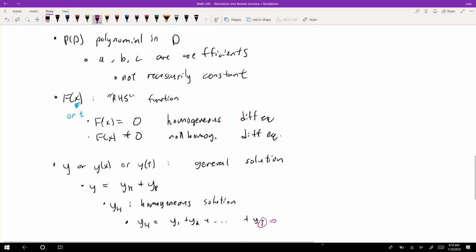If you have a second order differential equation, you're going to have two separate solutions for the homogeneous. And all of these are linearly independent.